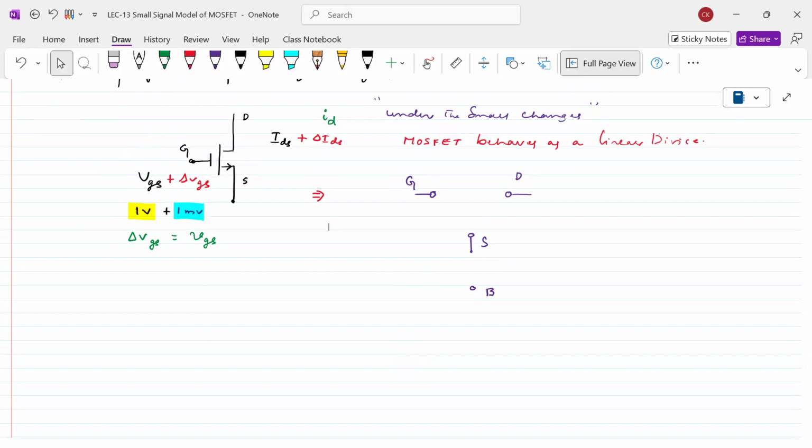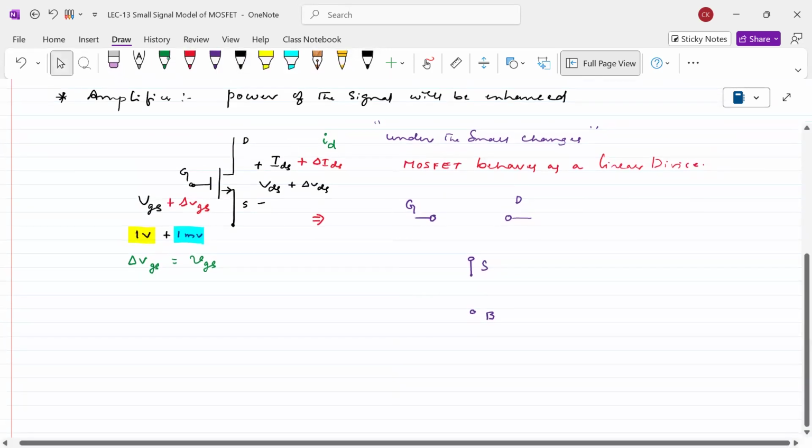A small change in VDS, for example, will also change ID.